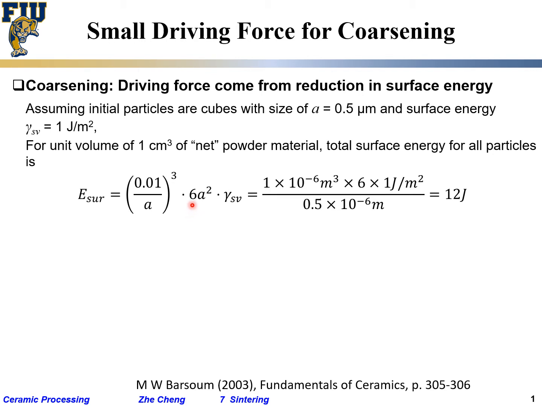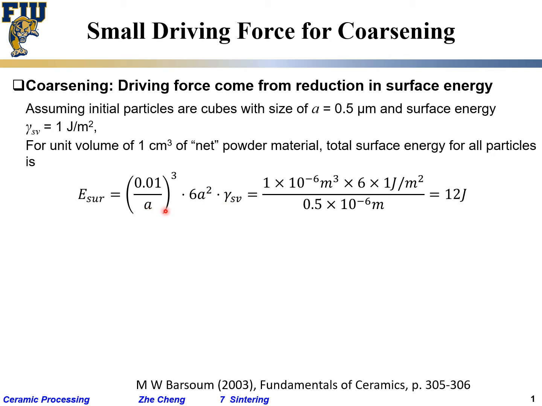Of course, a squared gives you the area for one side of your small cube. And your small cube has 6 sides, right? So this 6a squared gives you the total surface area for one cube-shaped particle. Make sense? And then times gamma, that gives you the total surface energy for one cube-shaped particle.